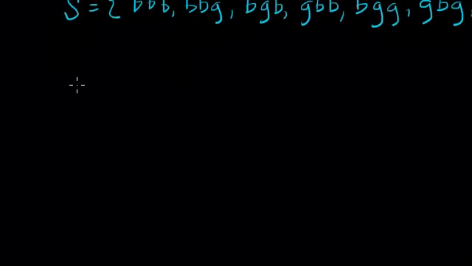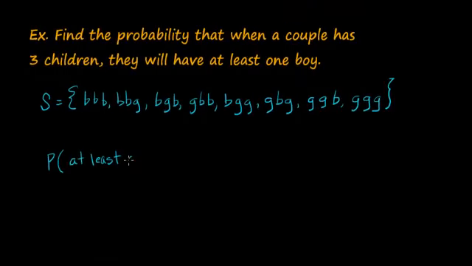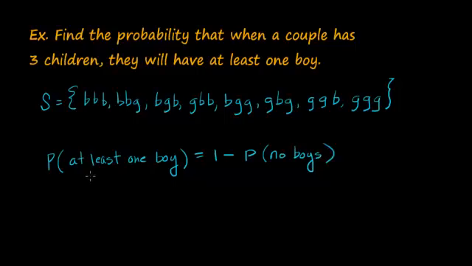Let's use the complement. So the probability of at least one boy would equal 1 minus the probability. Now, we want the complement of this. At least one boy would be no boys. Right? Because if you have at least one boy, that could be 1 or 2 or 3 in a family with 3 children. But the way this one boy does not occur would be that you don't have any boys.